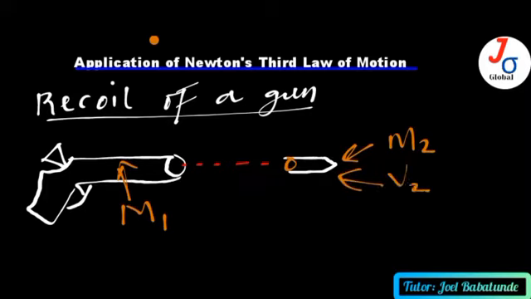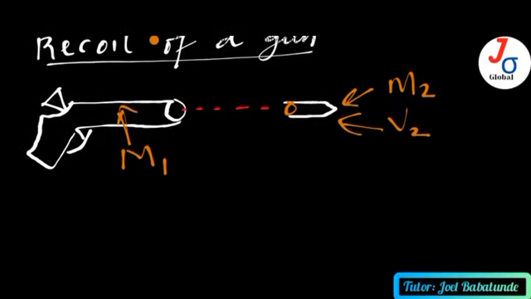The bullet is moving forward, and the gun is moving backwards.